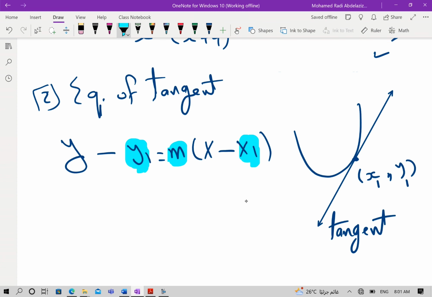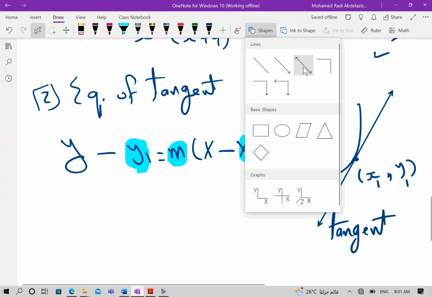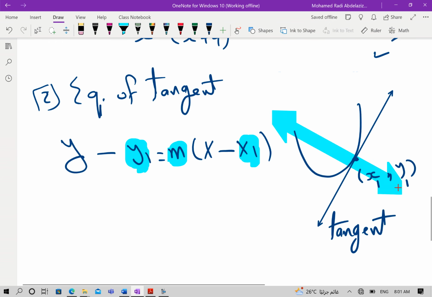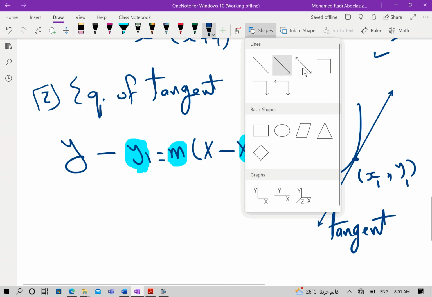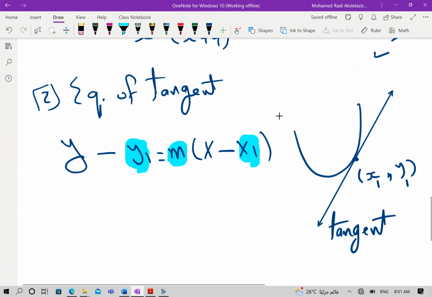In the same way, the equation of the normal. Normal means perpendicular line. How do we get its equation? This is called the normal.